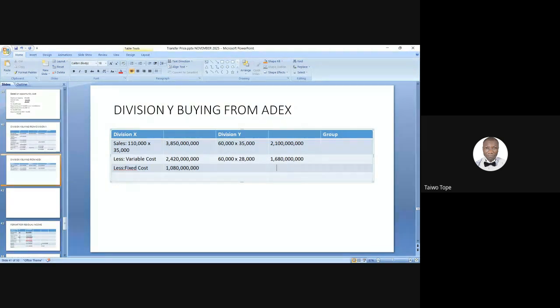Will division Y have any fixed costs? No. So now, what will be the profits? The profit for division Y should be 350 million.